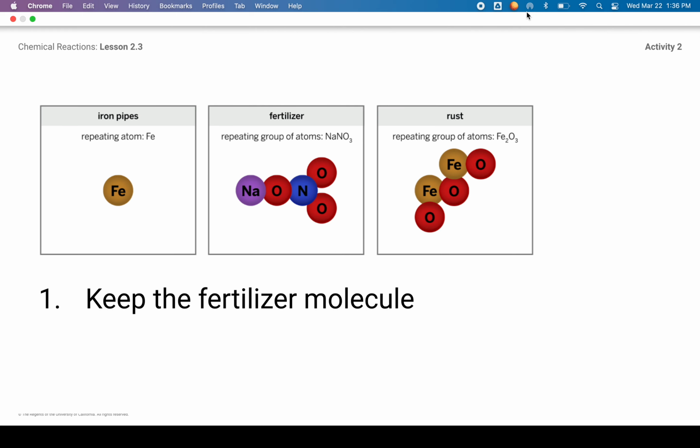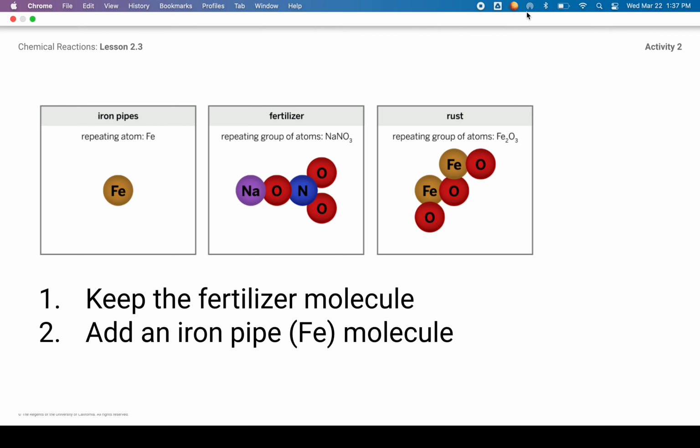So keeping the fertilizer molecule, I had them pull out as many iron atoms as they would need to create rust. They knew that they needed at least 2 iron atoms. So they went ahead and made their iron molecules.